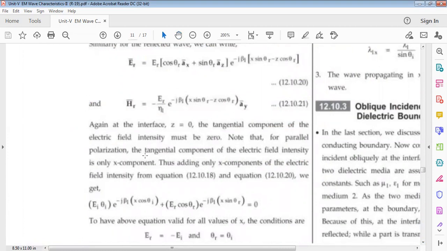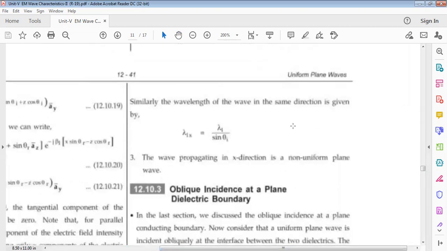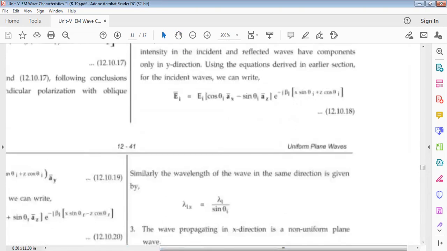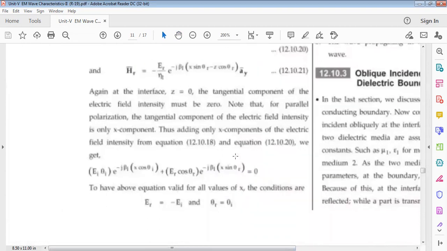Note that for a parallel polarization, the tangential component of electric field intensity is only the x component, thus adding only the x components of electric field intensity in equation 18 here. Only the x components you can add: E_i into cos theta_i into a_x bar, e power minus j beta 1 x sin theta_i. Eliminate the z components.